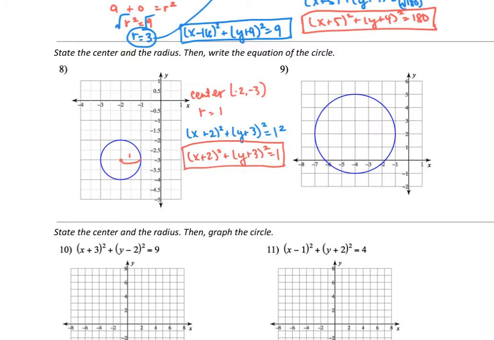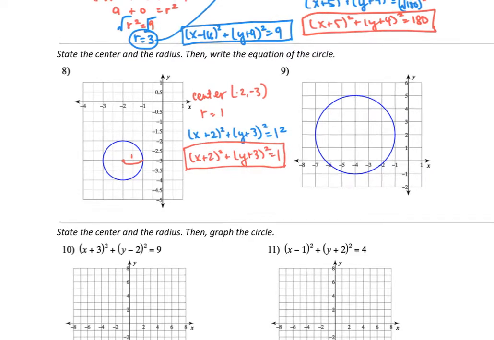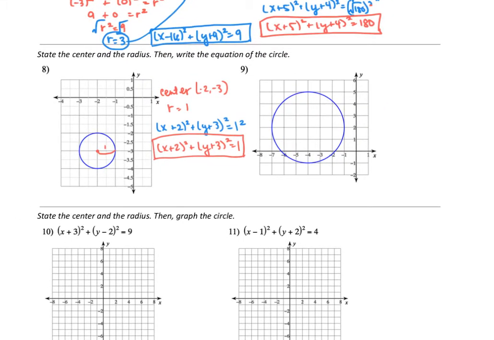Okay, number 9. Again, we're going to state the center and the radius. So the center is going to be -4, 2. And the radius is 3.